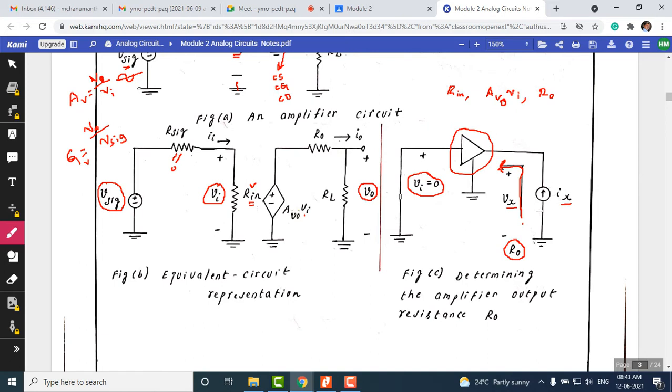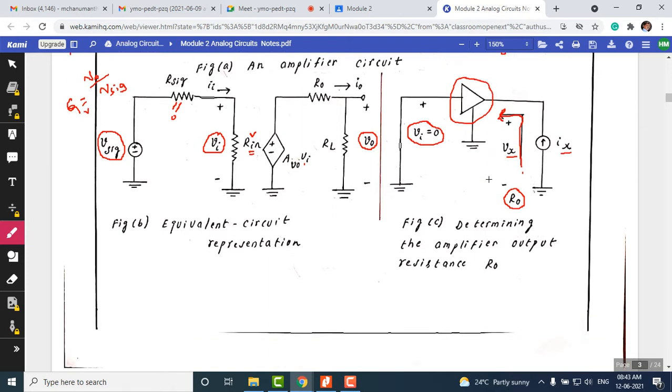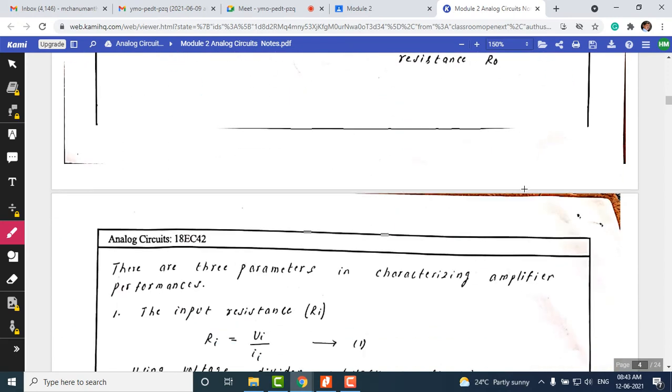You can measure the current, and you can also measure how much voltage we have applied. The ratio of this to this gives the output resistance of this amplifier. This is the experimental setup which we need to have while measuring the output resistance of an amplifier.